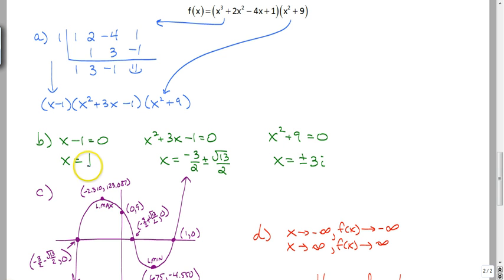And this is why this is the only one you found with your graphing calculator, because x is equal to 1. That's your only easy root to work with. I don't think you're going to be able to find negative 3/2 plus or minus root 13 over 2 with your graphing calculator, and you're definitely not going to have a calculator find an imaginary number. So this has up to 5 because of x to the 5th, and it does.